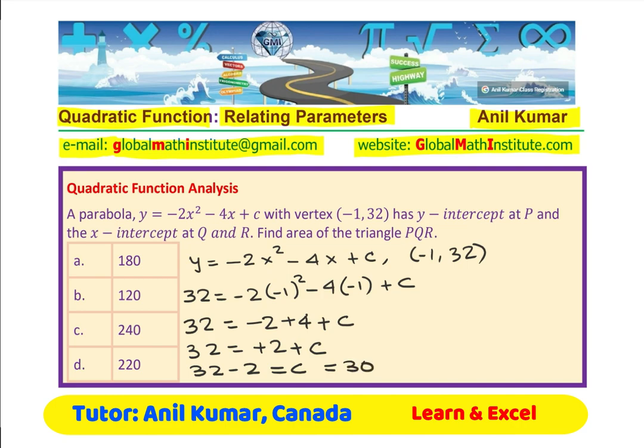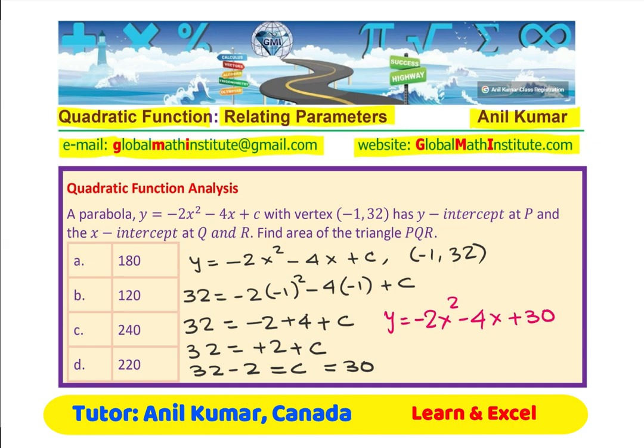So we get the value 30 for c, and therefore our equation now becomes y equals minus 2x squared minus 4x plus 30, correct? That is the parabola fully known to us.